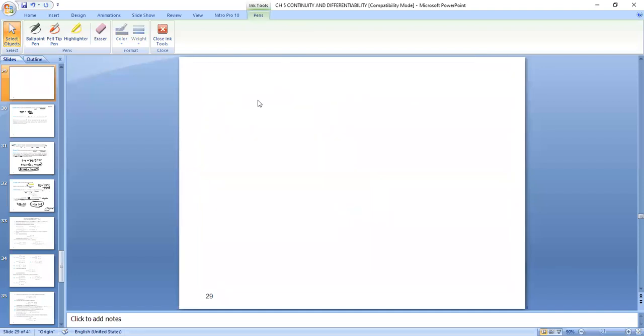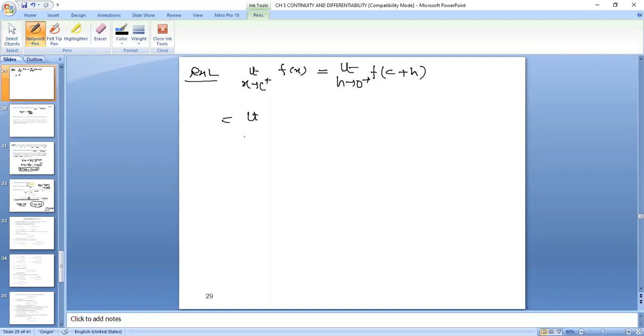So we will be writing right hand limit. That will be limit x is tending to C positive f of x, which is equal to limit h is tending to 0 positive, f of x replaced by C plus h, which is equal to limit h is tending to 0 positive sine in the bracket C plus h.